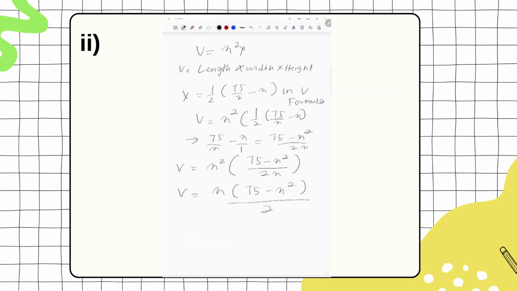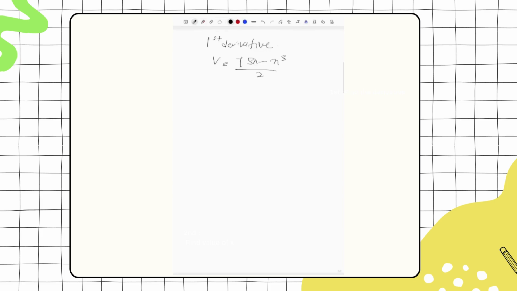And then V for the last is 75x minus x cubed over 2. Then for the first derivative, we get dV over dx, which is 75 minus 3x squared over 2. And then we proceed for the second derivative. And then let dV over dx equal to 0.